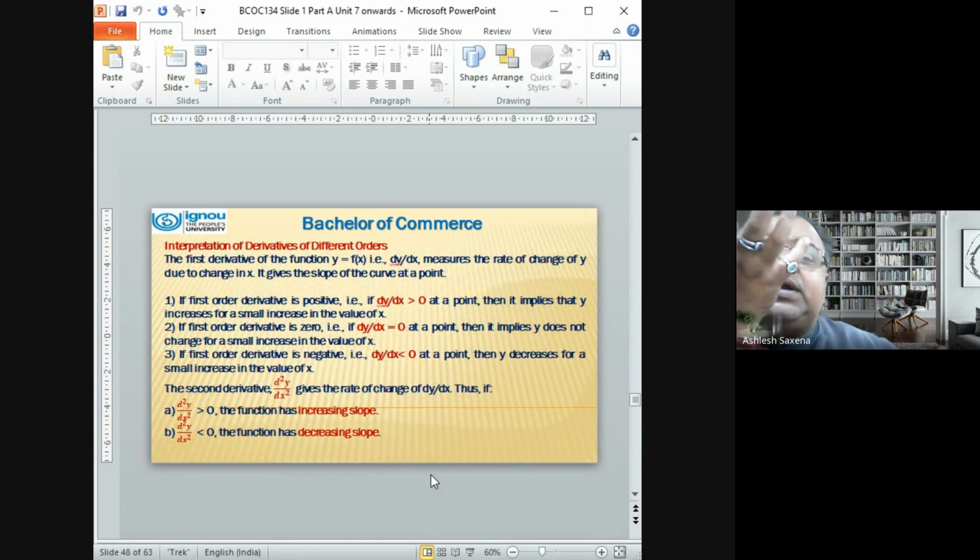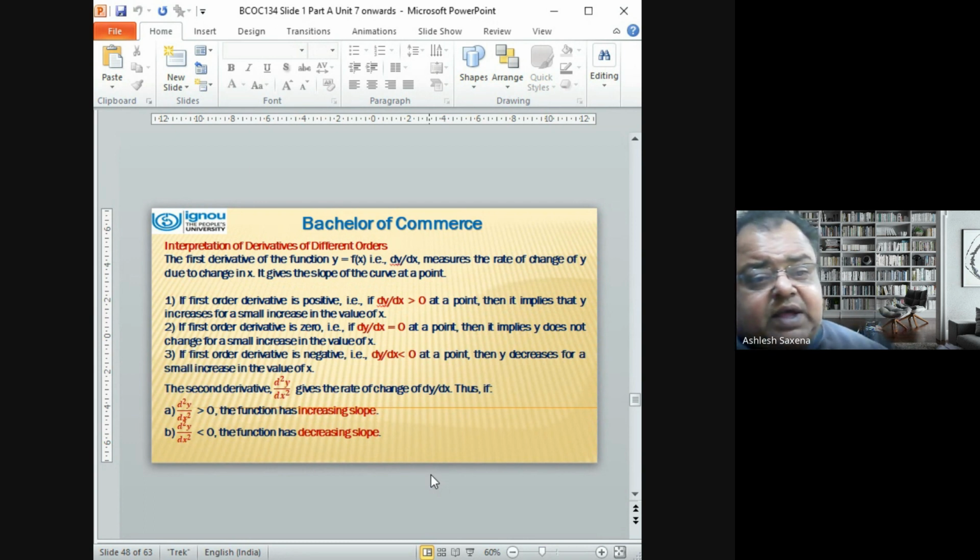Now the thing is that after the derivative has been formed, how are they applied? First of all, we will start with interpretation of derivatives of different orders. The first derivative of the function, that is y is equal to f(x) or dy by dx, measures the rate of change of y due to the change in x.